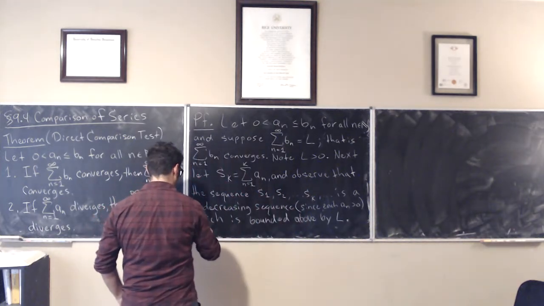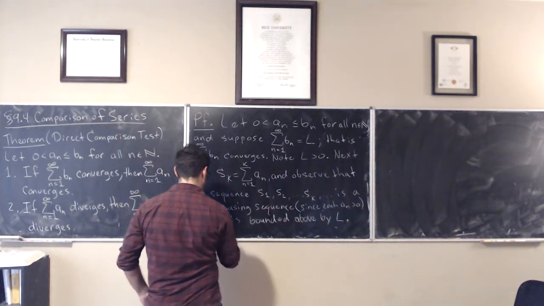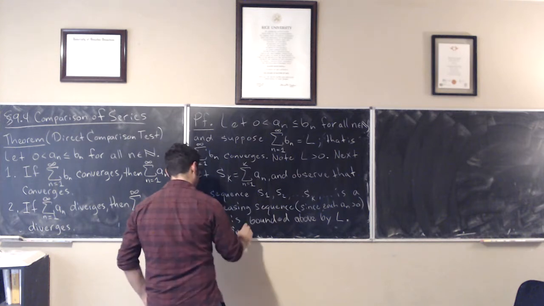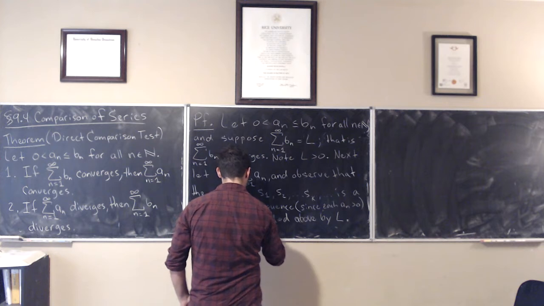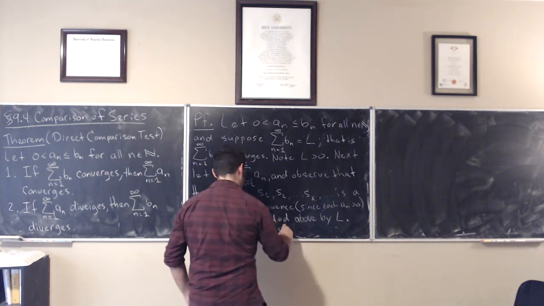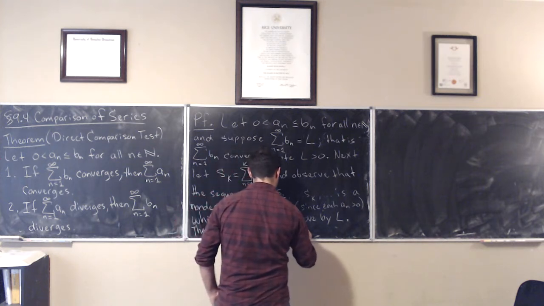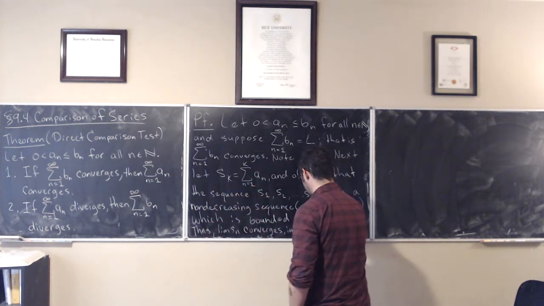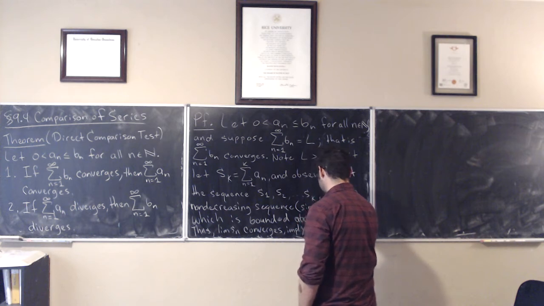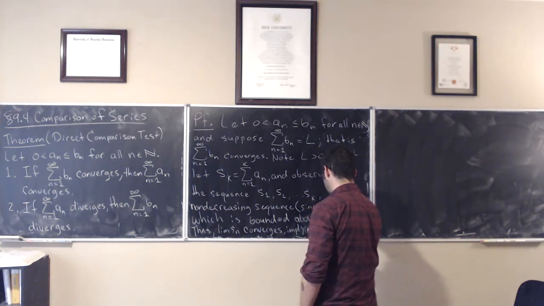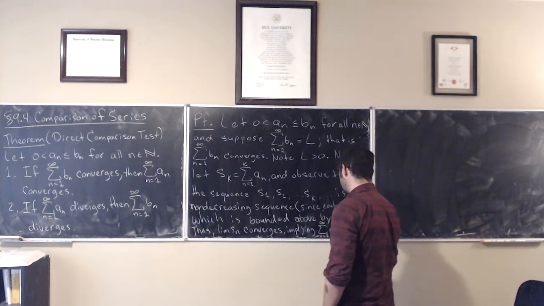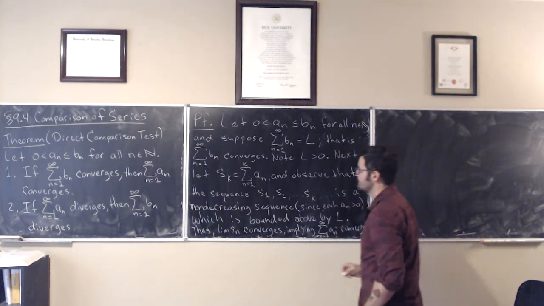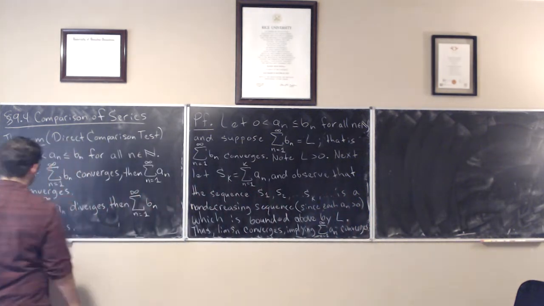So thus the limit as n goes to infinity exists, implying that the infinite series a_n converges. Okay, so that proves part one.